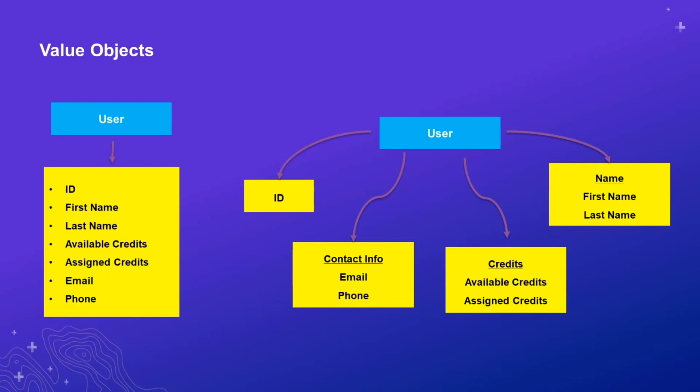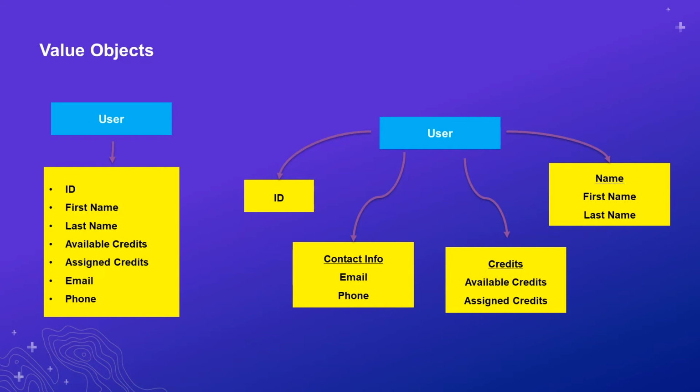So when you look at the diagram that I have, you can see on the left-hand side, we just have the user and all of its associated properties: ID, first name, last name, the credits, and email and phone number. But then when we look at the model on the right, we start to separate all of the different properties into their conceptual wholes.